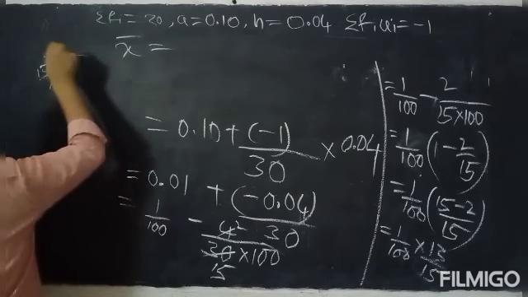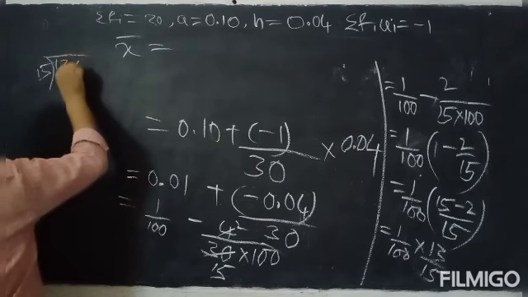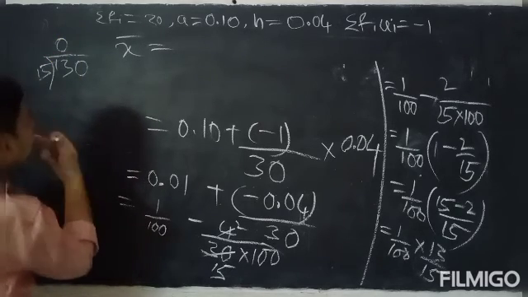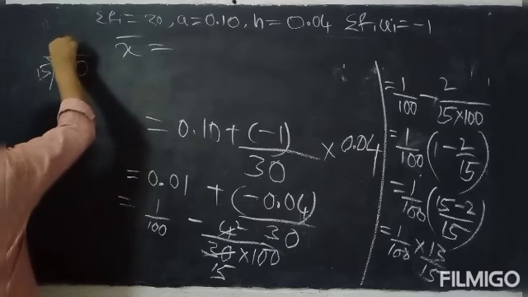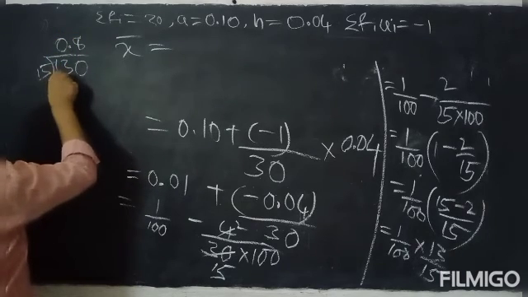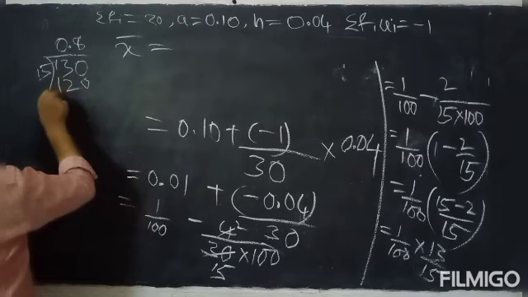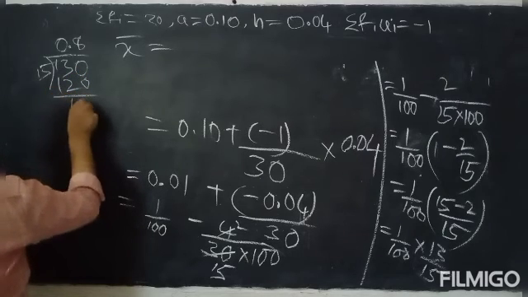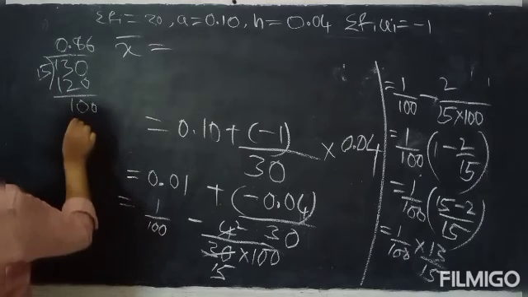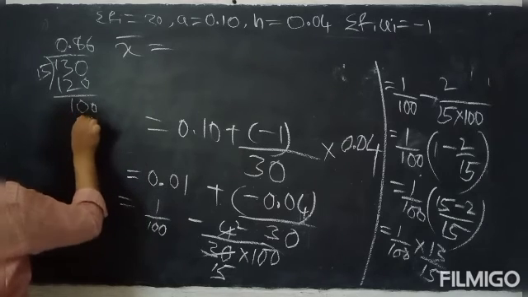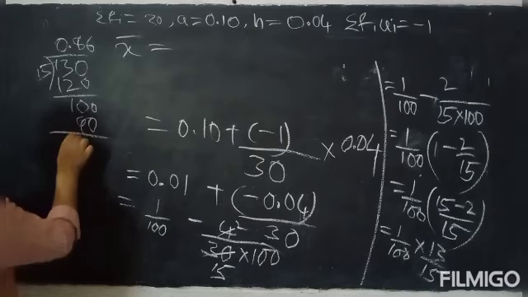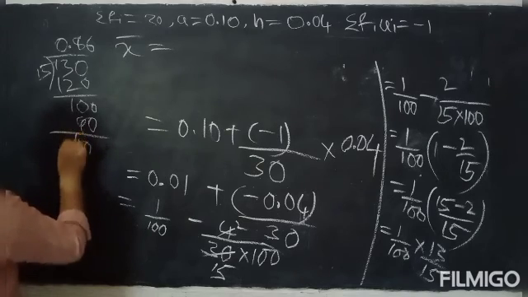Take 0 point. 15 is 120. Again 100. 15 is 90. So approximately what? 0.86. Okay.